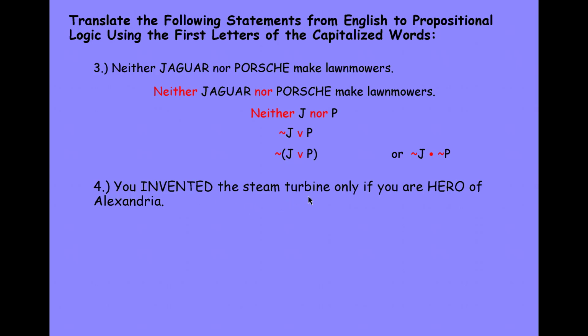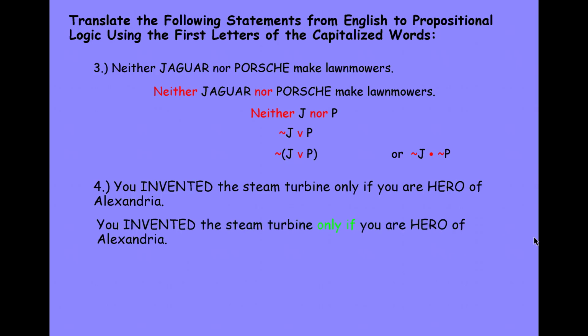I, you invented the steam turbine. H, you are Hero of Alexandria. So we'll highlight that logical form word, and we're ready now to introduce our simple statement letter logical form word hybrid, I only if H.